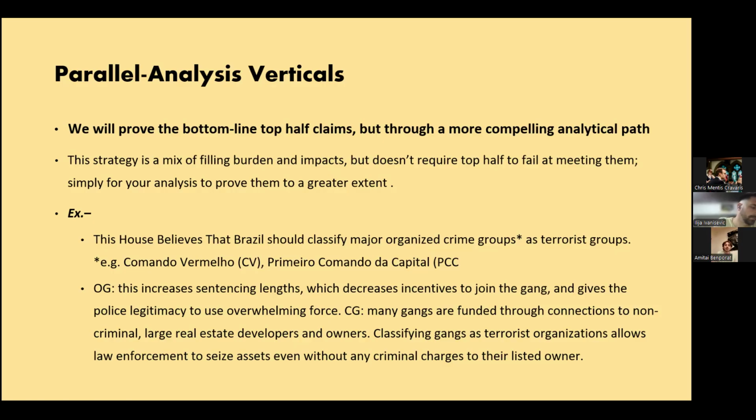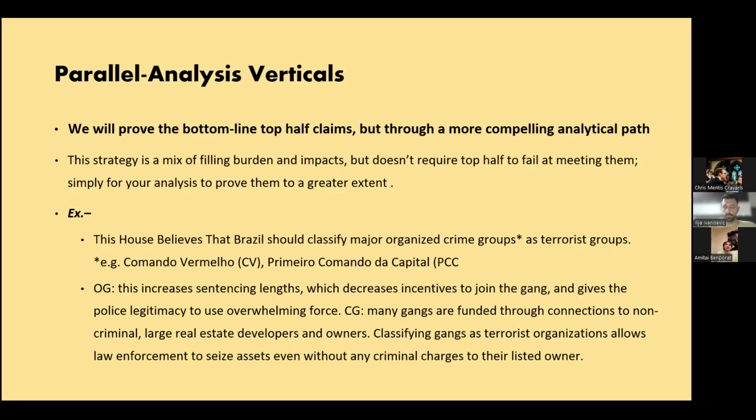But then what you might want to do as CG is pick a very particular path towards the way that this hurts gangs. So for example, outlining the problem in which many gangs in Brazil are funded through connections with non-criminal large real estate developers or infrastructure owners, where you have a very large owner of some stadium or some telecommunication company, and they often siphon off funds to gangs because they're related to them and stuff like that.